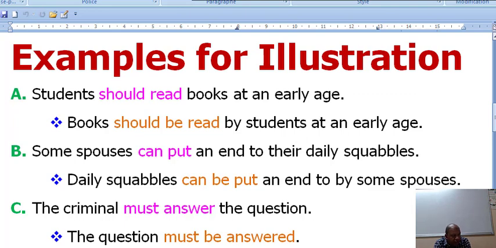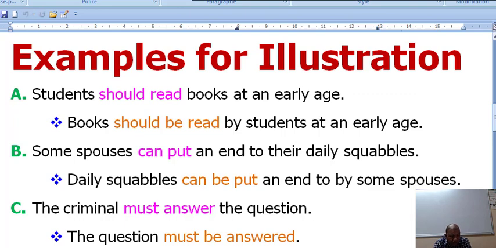Number two, some spouses can put an end to their daily squabbles. Daily squabbles can be put an end to. You should not forget it, you should use it, because we have there to by some spouses. So the same modal, we bring the verb to be, infinitive, because put is not conjugated, and put as a past participle, because it does not change.